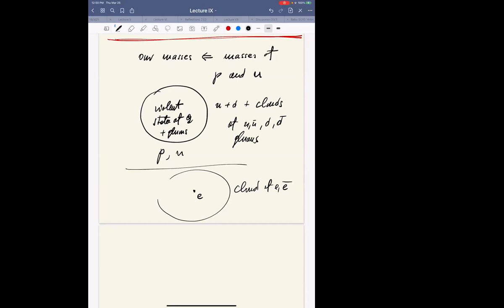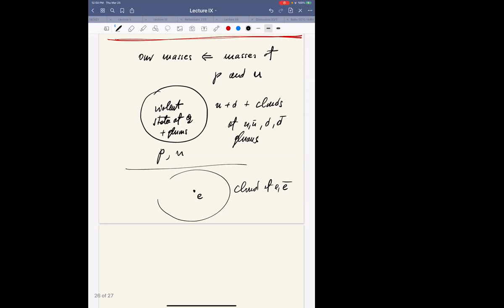And this is what came as a great surprise, that the kinetic energy that comes from QCD actually fits, this is the task of QCD, fits the value of the proton and neutron mass. In other words, these quarks are almost massless. Remember, the mass is a few MeV. Now, what is MeV? It's 1,000 times smaller than GeV.